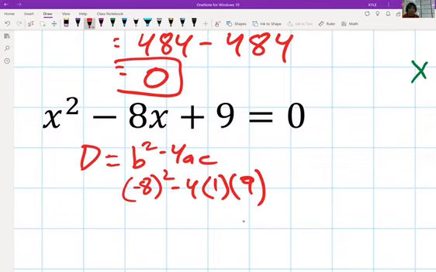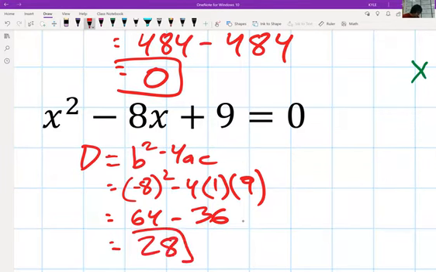Negative 8 squared is the same as 8 squared because they're both going to be positive. So 64 minus 4 times 1 times 9, which is 36. So the discriminant here is 64 minus 36 equals 28.